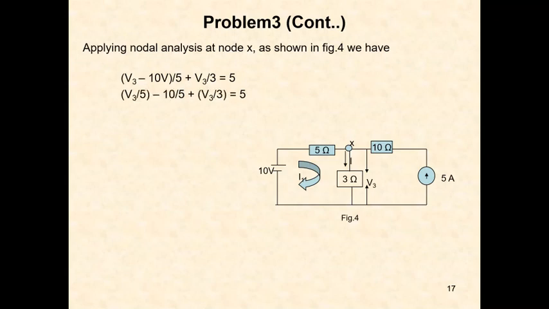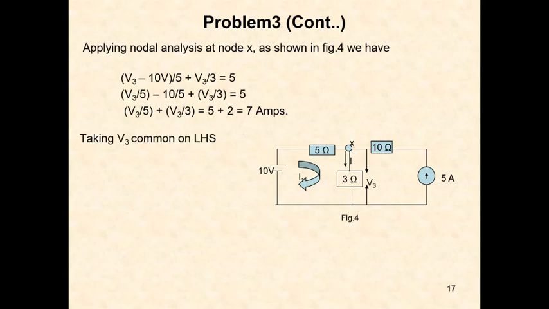Another way we can rewrite that: V3 by 5 minus 10 by 5 plus V3 by 3 is equal to 5. So 10 by 5 is equal to 2, and we can take it to the other side. Then V3 by 5 plus V3 by 3 is equal to 5 plus 2, that is equal to 7.